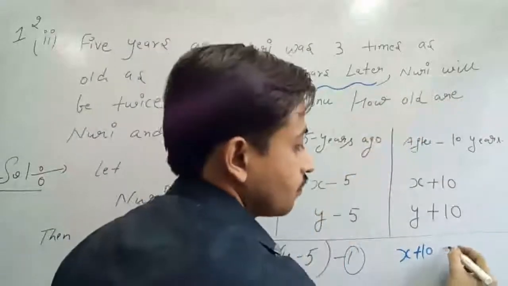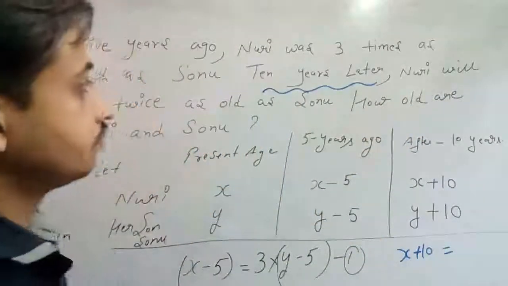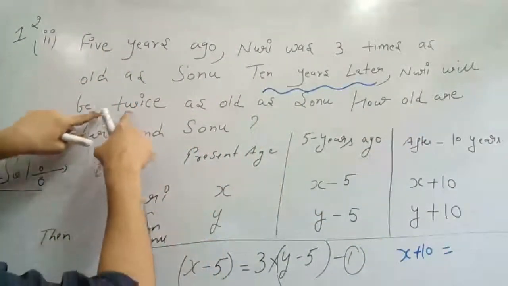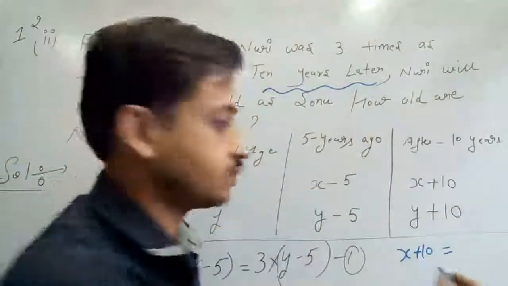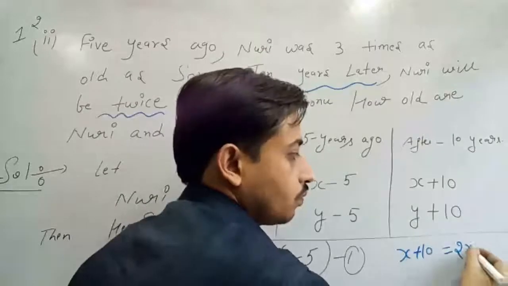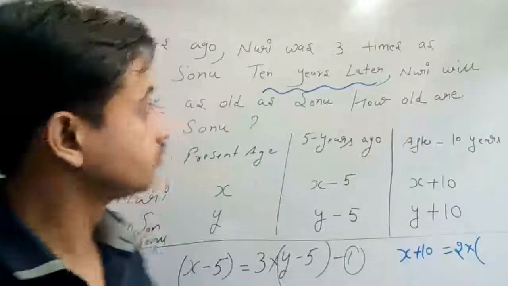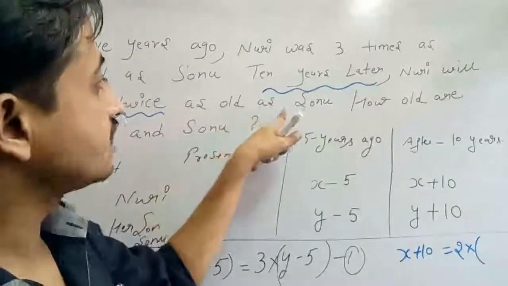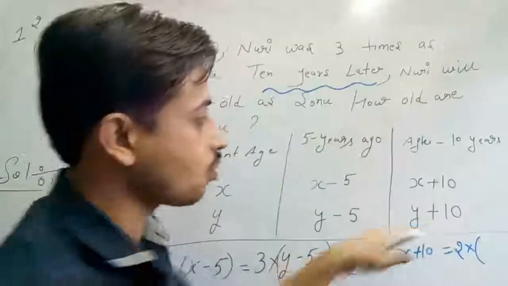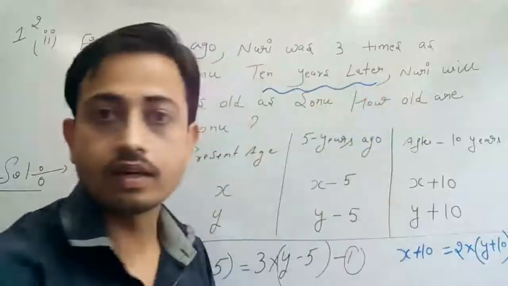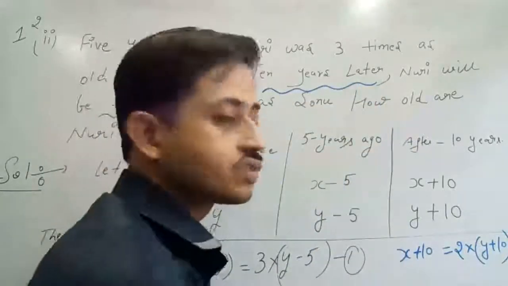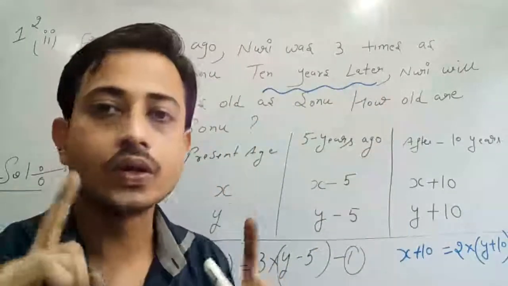Will be means equal, twice. Twice means 2 times as old as Sonu. Sonu's age is what? Y plus 10. So this becomes our equation number 2.